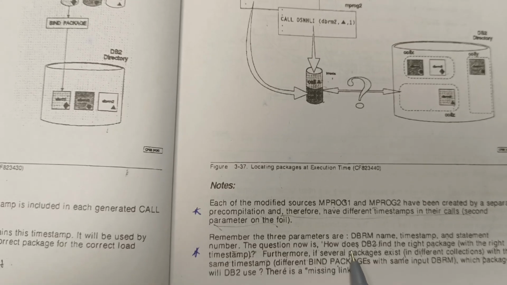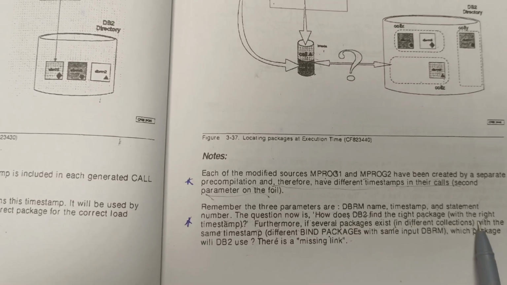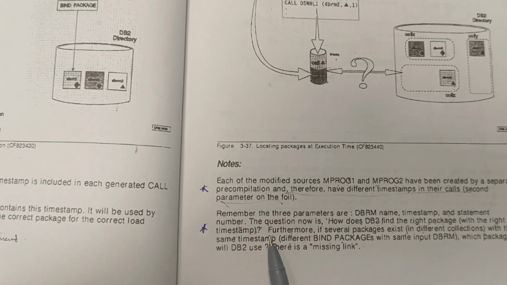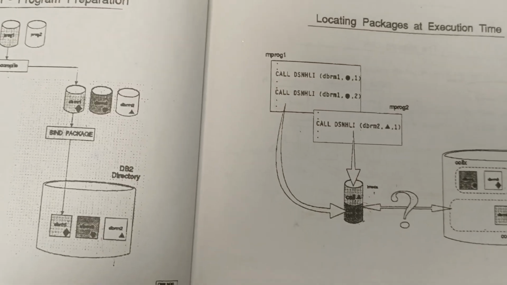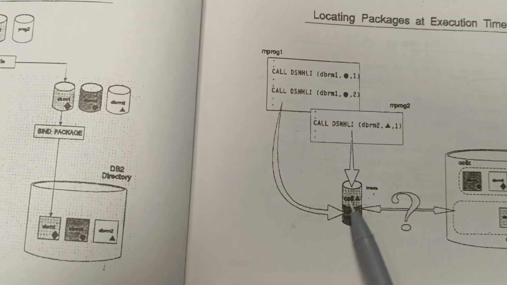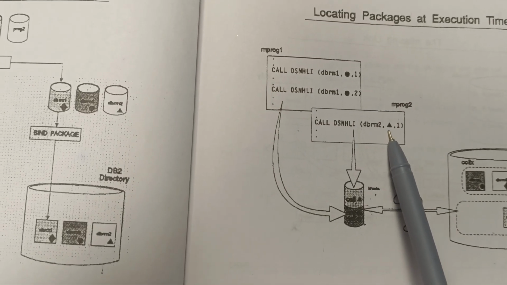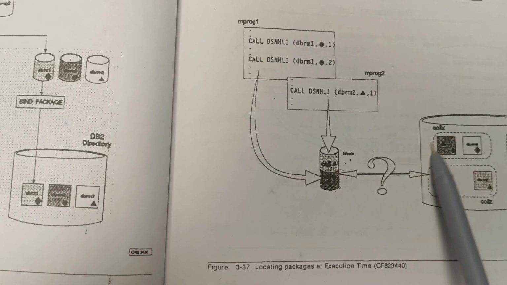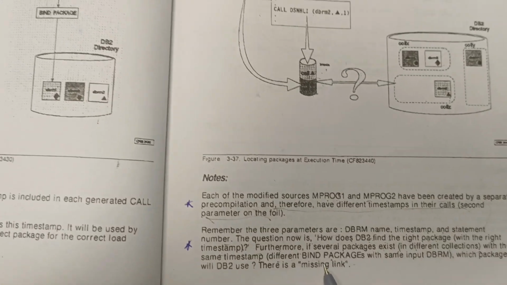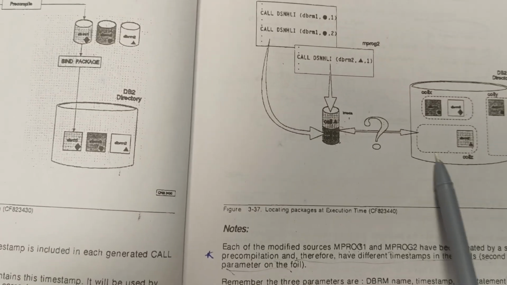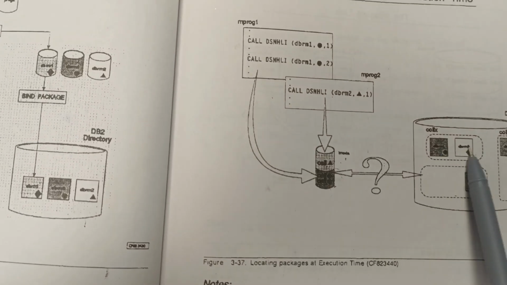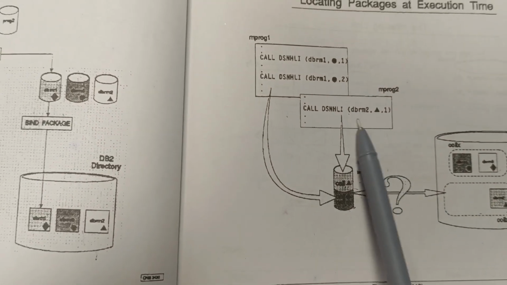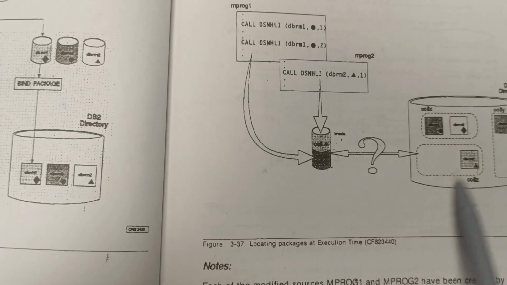But the question is how DB2 finds the right package with the right timestamp. In this directory we know this is the DB2 DBRM2 and the timestamp is passed here, and it will pass only this one. But how will we know, in the package collection, which program will be called at the right timestamp, when the same program name exists in different collections?